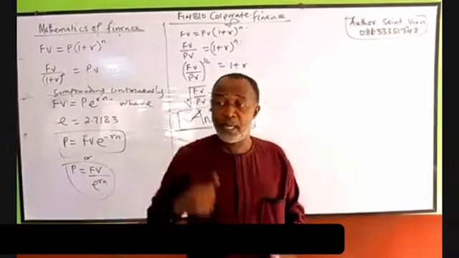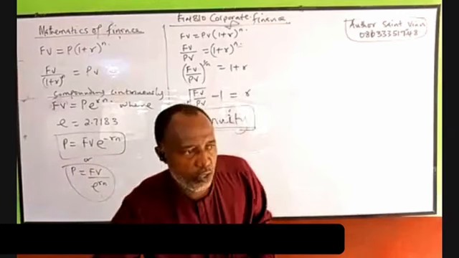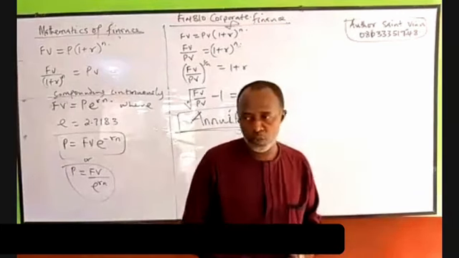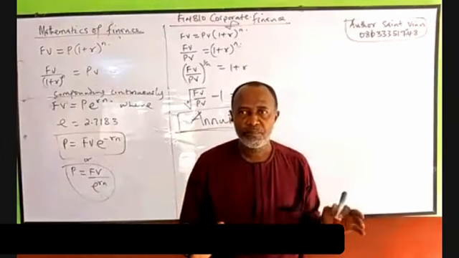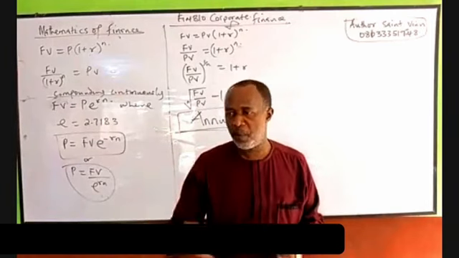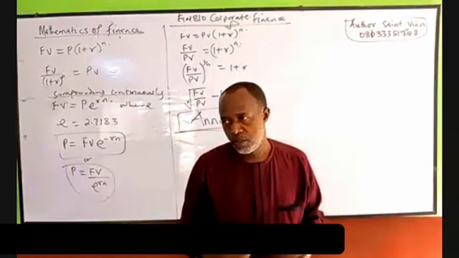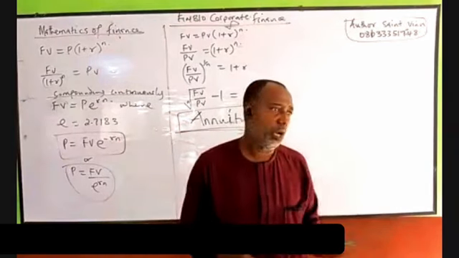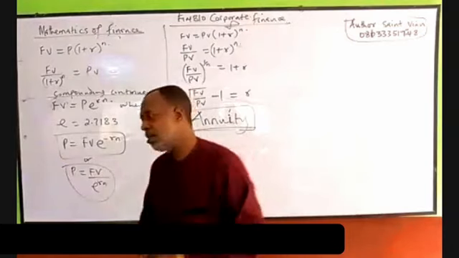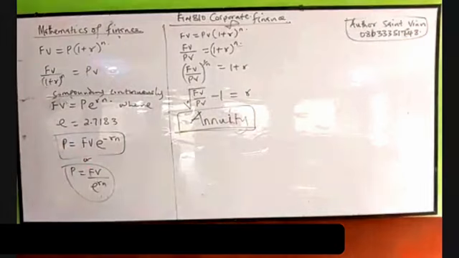The same applies to present value of ordinary annuity. We also have present value of annuity due. And we apply them to solve some questions relating to loan amortization and sinking fund questions. And with that, that's all about mathematics of finance, which I believe we'll try our best.